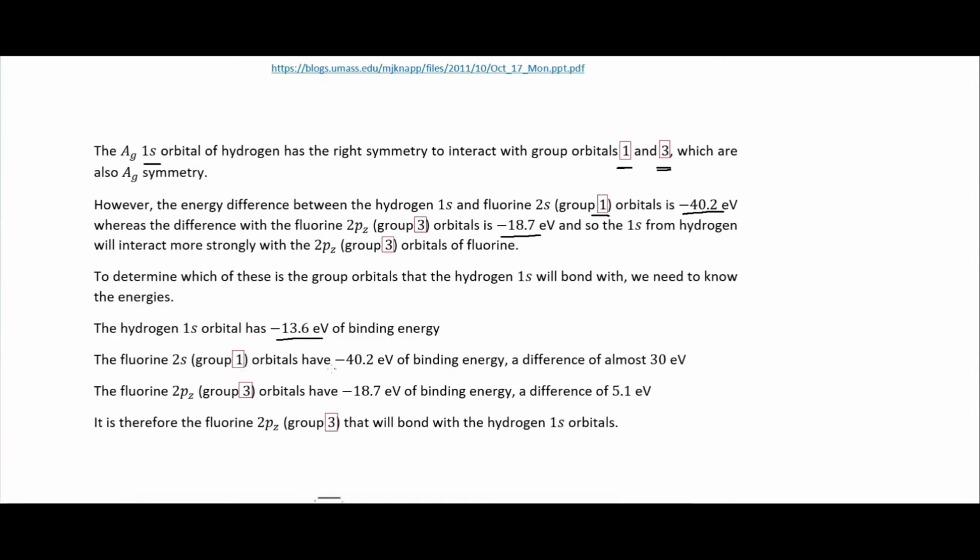The group 1 has the minus 40.2, so that's an energy difference of almost 30 electron volts. Whereas the group 3, which are the 2pz orbitals on the fluorine, has a difference with the hydrogen of only about 5.1 electron volts. And so it's therefore the fluorine group 3 that will bond with the hydrogen 1s orbitals.